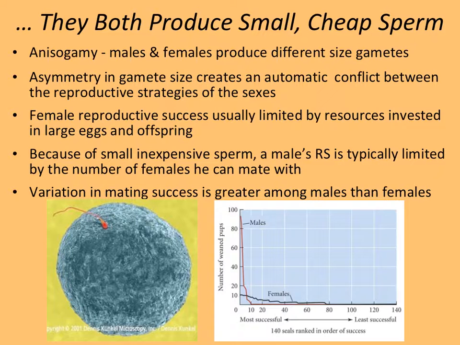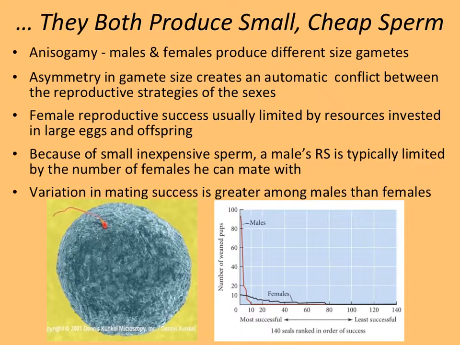Now, and the females produce fewer, larger eggs. Okay? Because there's variation in size and number, there are different selective forces on mating success for the females versus the males.